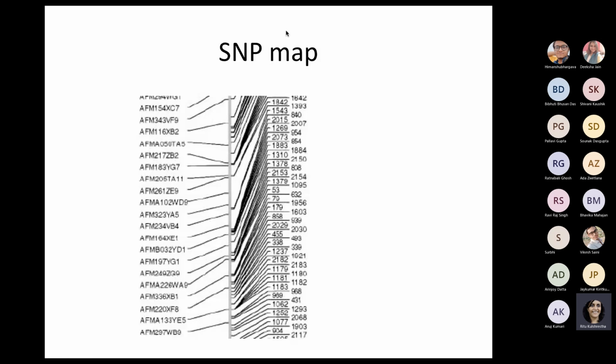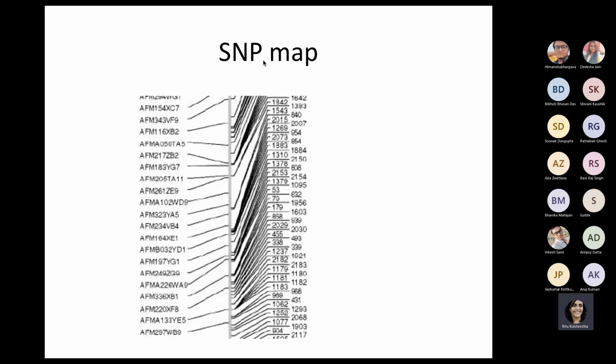That is, at a particular position in the genome, at a particular nucleotide, if a good percentage of the population, more than 1% of the population, is showing a different nucleotide at that location, then we say that it is a single nucleotide polymorphism, present in the whole population.